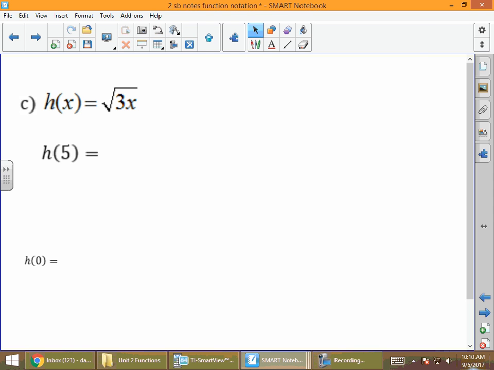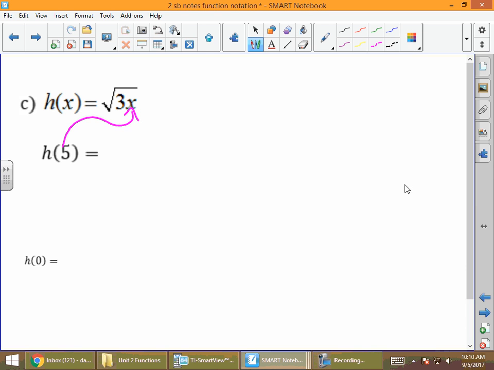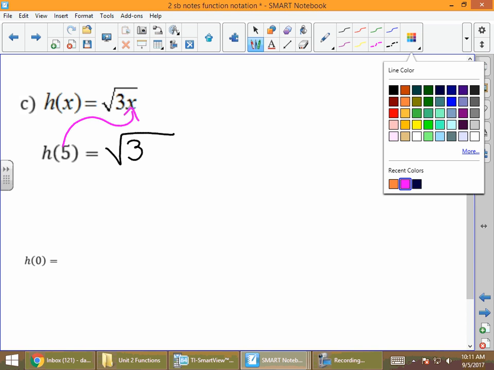So what we're going to do is we're going to take this value of 5 and we're going to put it back into our function wherever we see x. So this is going to be 3 times 5.